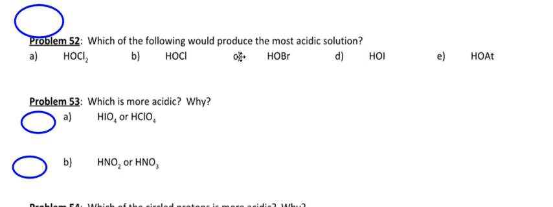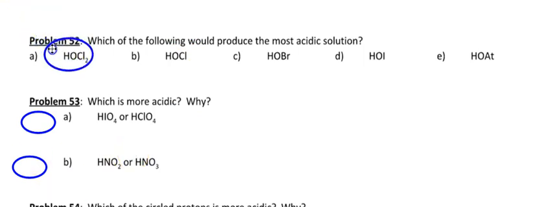So the size of the chlorine and the bromine, iodine, astatine isn't going to make any difference, because the H is on the O every time. So it's just electronegativity that is my answer here. So I'm going to get rid of these guys, because chlorine is clearly the more electronegative of these choices here. It's a big 4. So now, is it the one with 2 chlorines or the one with 1 chlorine? What do you think?